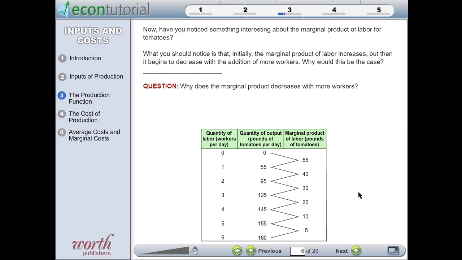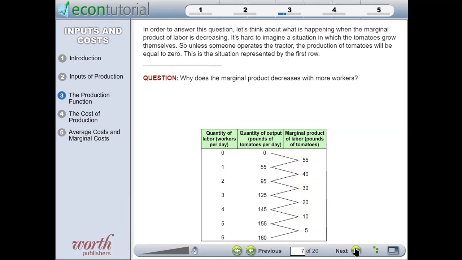Okay, so the question here is, why does the marginal product decrease with more workers? Why does this happen? What is the reason for that? Let's think about what is happening when the marginal product of labor is decreasing. Now, it's hard to imagine a situation in which the tomatoes grow themselves. You need people to work on these things. So unless someone operates the tractor, the production of tomatoes will be equal to zero.